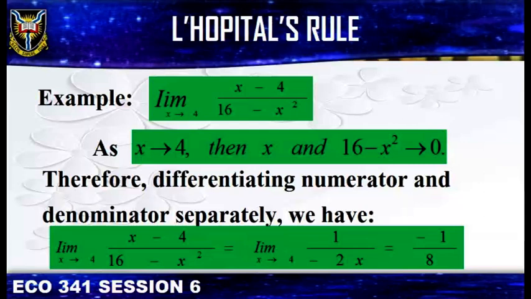As x approaches 4, then x minus 4 and 16 minus x squared approach 0. Therefore, differentiating numerator and denominator separately, we have the limit of x minus 4 over 16 minus x squared as x approaches 4 is equal to the limit of 1 over minus 2x as x approaches 4, which is equal to minus 1 over 8.